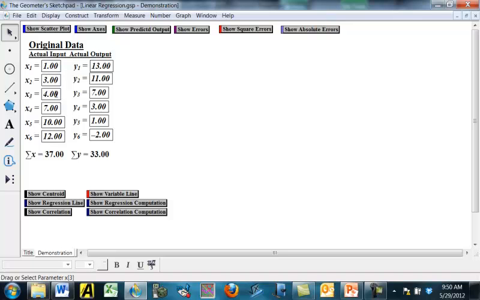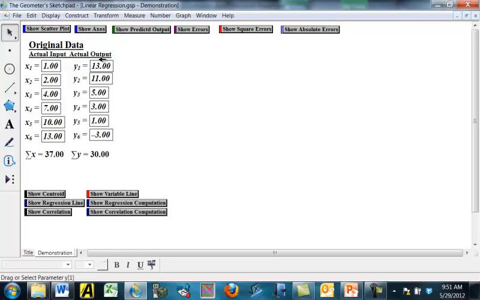And let's actually change this a little bit. Let's say maybe that's a 2, maybe that's a 5, maybe this is a 13, and maybe that's a -3, let's say. Okay, so we have some data values.